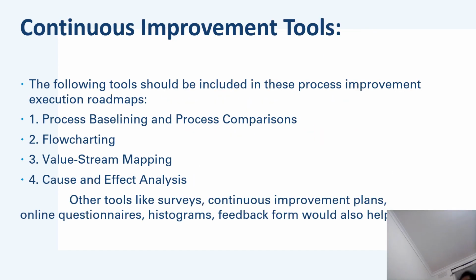And as you see on the slide, there are many different tools that can be used for continuous improvement. For example, we can use flow charting, mapping, and cause and effect analysis.